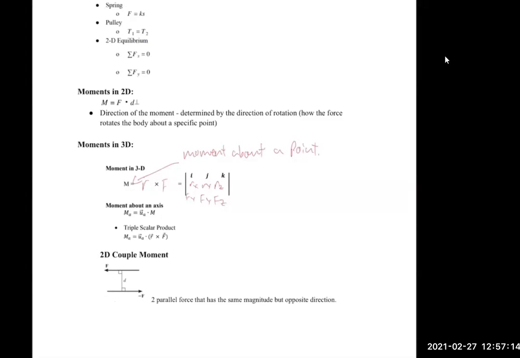Moment about an axis is simply a unit vector dotted with the moment, r cross F. We're going to use the triple scalar product for that. The triple scalar product is also called vector analysis, but there's another method to solve this called scalar analysis. I'm not going to teach you about it in the SI session because it's pretty useless and complicated, and I don't want to confuse people.